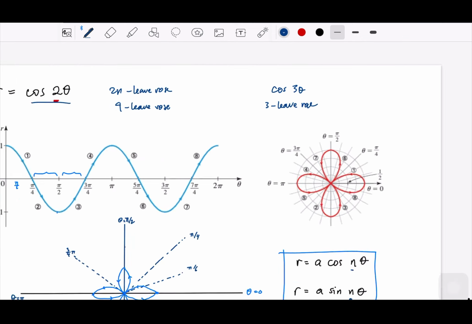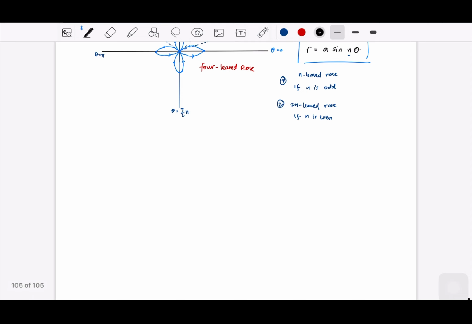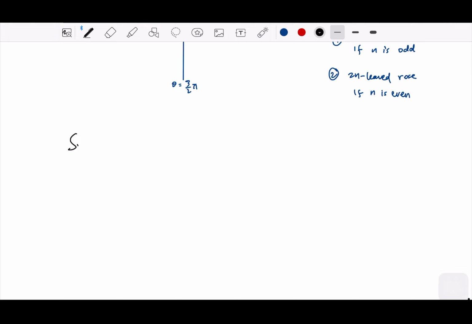Now, to help with these illustrations, we are going to have a symmetry concept. We call it symmetry in polar. There are some notes for this symmetry, because we know the symmetry in rectangular coordinates, right?